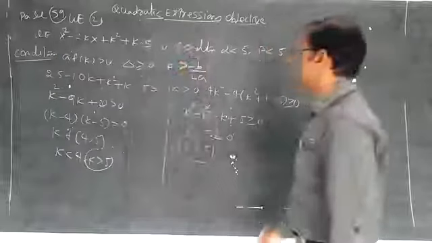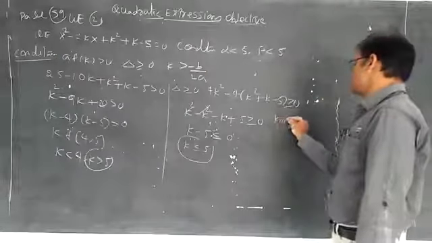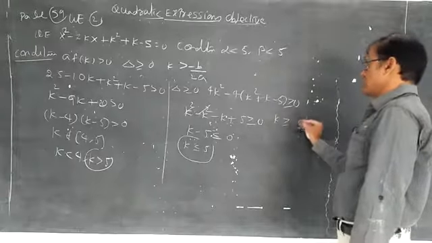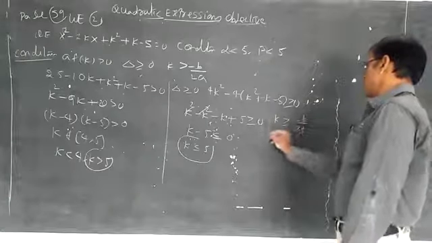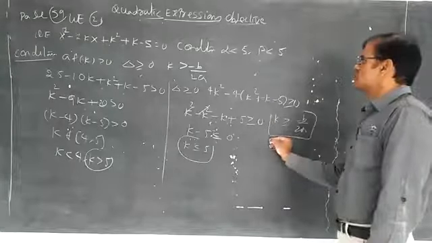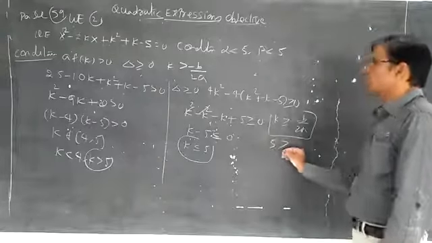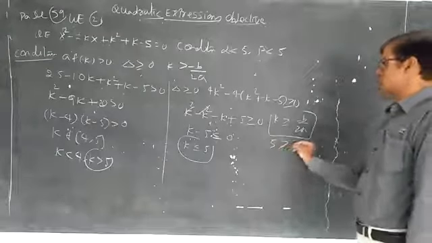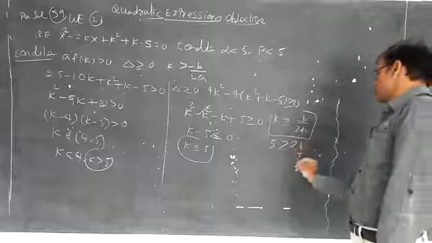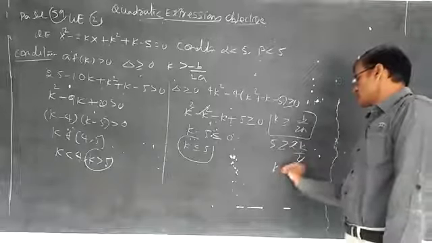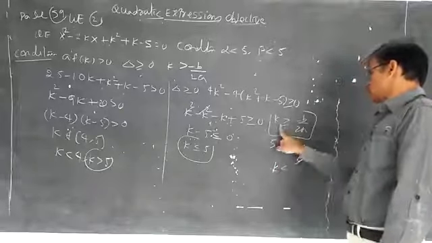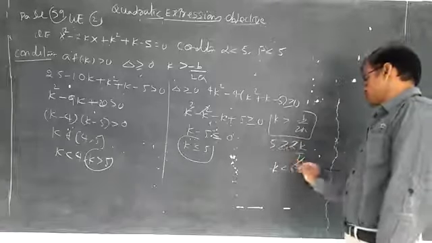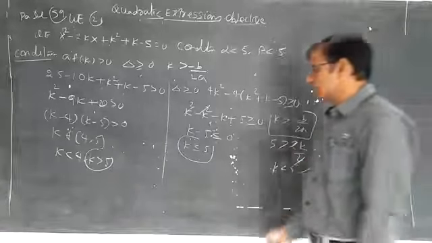Now another concept is that k greater than minus b by 2a. K means here 5. 5 greater than minus b by 2a means 2k by 2, 2 get cancelled. Here also k less than 5. So depends upon this one.